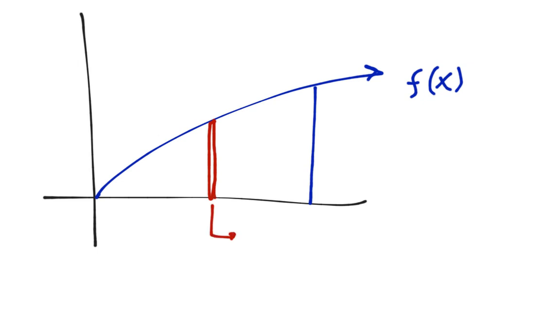And so the area of this rectangle was equal to the height of the rectangle, which was f of x minus 0, because we're going to the x-axis, and then times the width. And the width is simply dy. No. The width here is dx because it's a vertical rectangle, and so the horizontal piece is the small one.